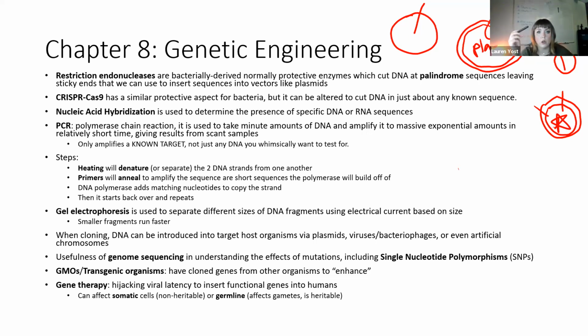If your bacteria took up your plasmid in your transformation experiment, and you plated it all on that antibiotic, those that took up that plasmid are the only ones that are going to survive on that antibiotic plate. So now you know which ones have your plasmid. That's how restriction endonucleases can be worked with for genetic engineering.